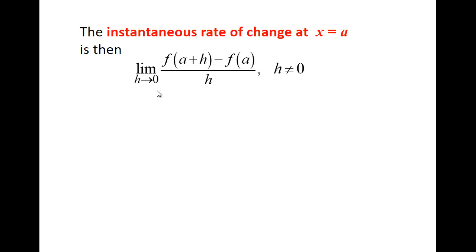As h approaches 0, this is the instantaneous rate of change of f at x equals a. So this is the definition of the instantaneous rate of change at a. Of course, if this limit doesn't exist, then the instantaneous rate of change at a is undefined, or it doesn't exist.